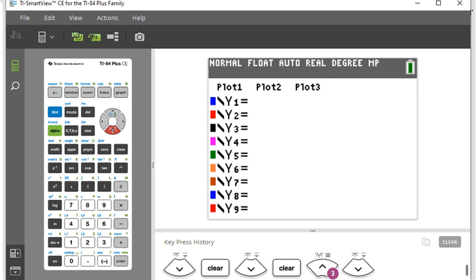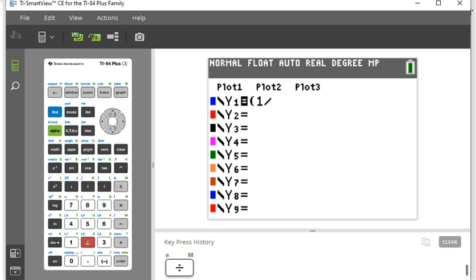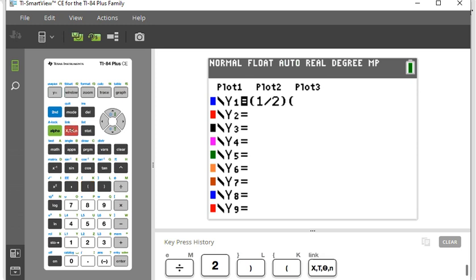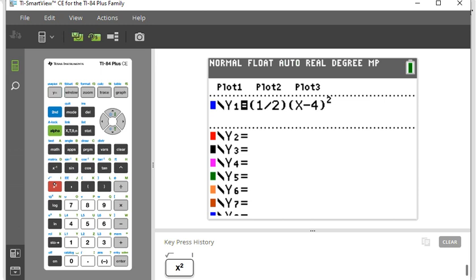But let's remember, we can still put fractions in. Bracket for a fraction and the division. 1 divided by 2 in brackets. There's a half. So I want 1/2, and then I want the bracket x minus 4 squared and so on. So we have x minus 4 bracket squared.